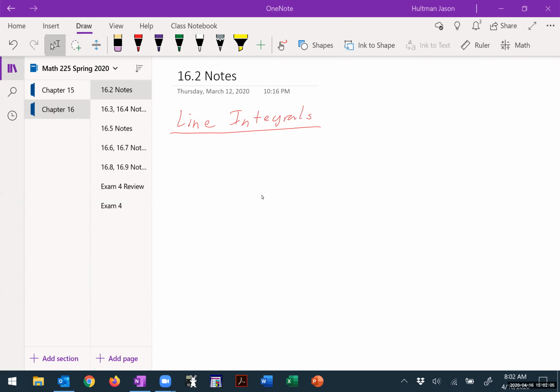Okay, so in Calc 2, we defined arc length given by parametric equations as, and depending upon who your Calc 2 teacher was, depends on whether or not you've seen this formula.